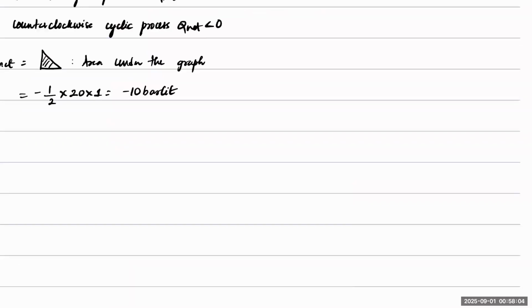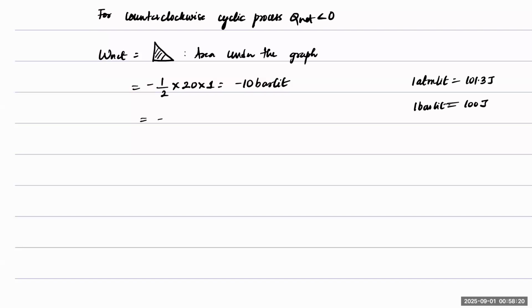And bar and ATM are very similar. Remember, one ATM liter is 101.3 joules and one bar liter is simply 100 joules. So therefore, I need to simply multiply by 100 here. 10 into 100, so that makes it 1000 joules. So this much is the work done net.